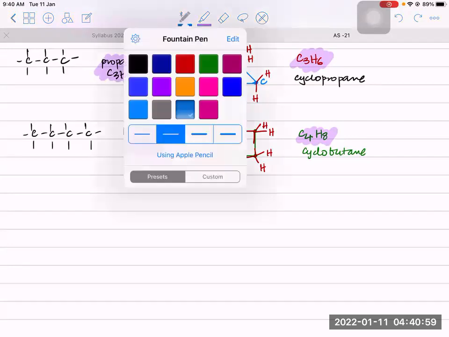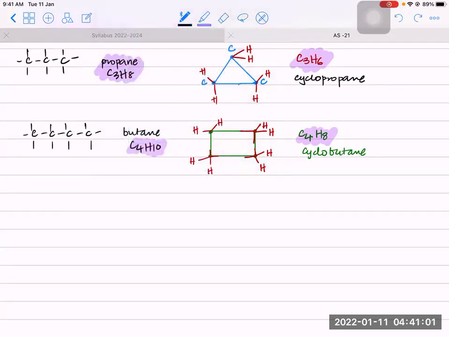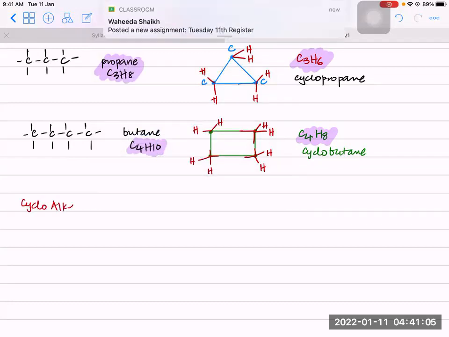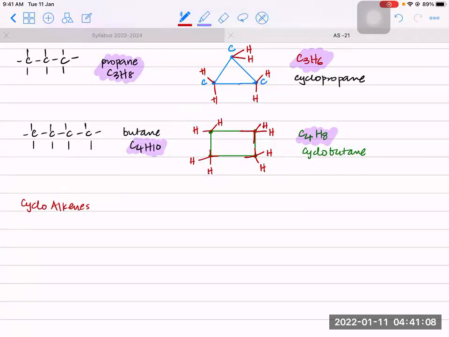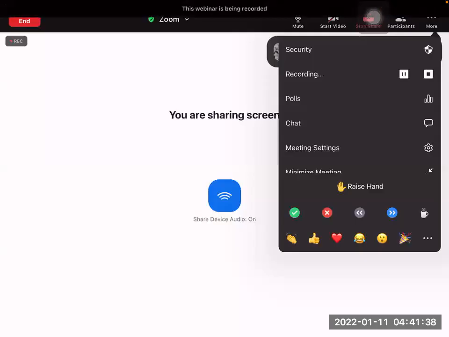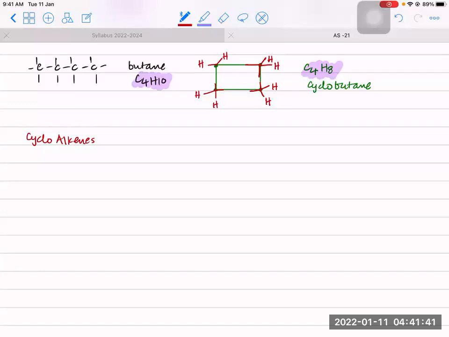Now let's see cycloalkenes. Is this clear so far? Now let's move on to cycloalkenes. These are cyclic alkenes.